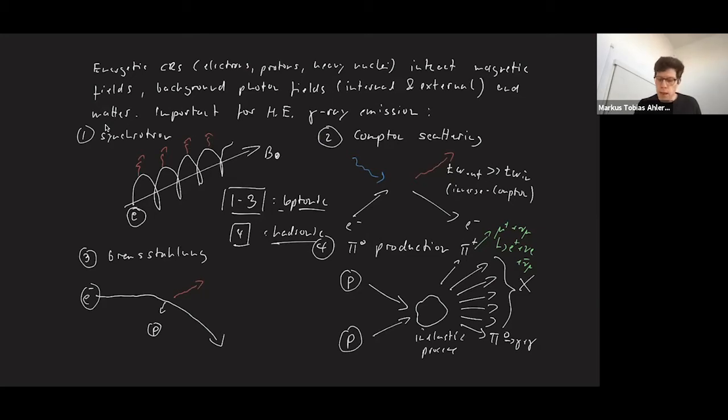Of course, you have also other processes which are of importance. For example, tomorrow we will actually talk about interactions of cosmic rays and gamma rays with gamma ray backgrounds in the universe, in particular the cosmic microwave background. So you could have collisions of high energy gamma rays with background photons, leading to the production of a pair of e+ and e-, electron and positron.